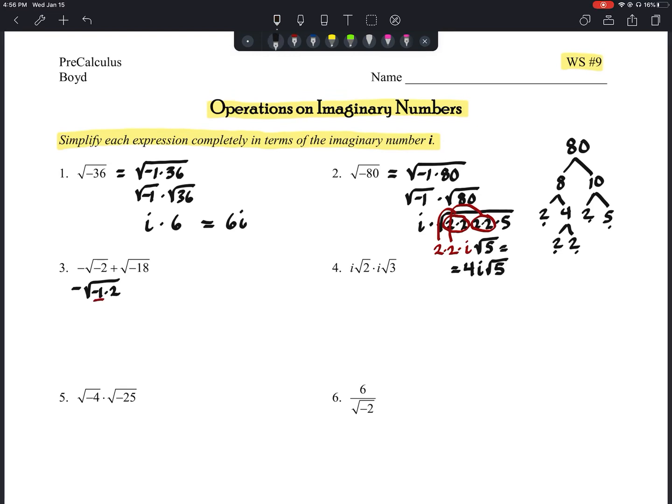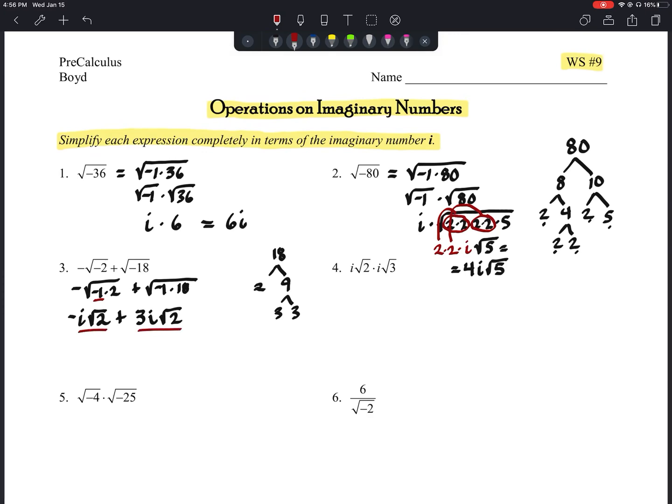So we're going to have a negative i times the square root of 2, plus the square root of negative 1 times 18. 18 can break down into 3 times 3 times 2. If you want, you could say 2 times 9, and the 9 turns into 3 times 3. So this will become plus 3i times the square root of 2.